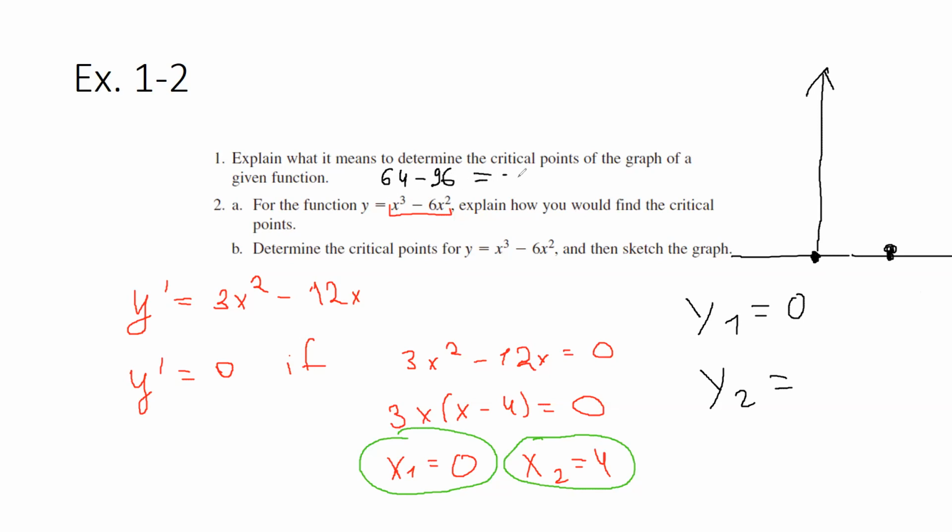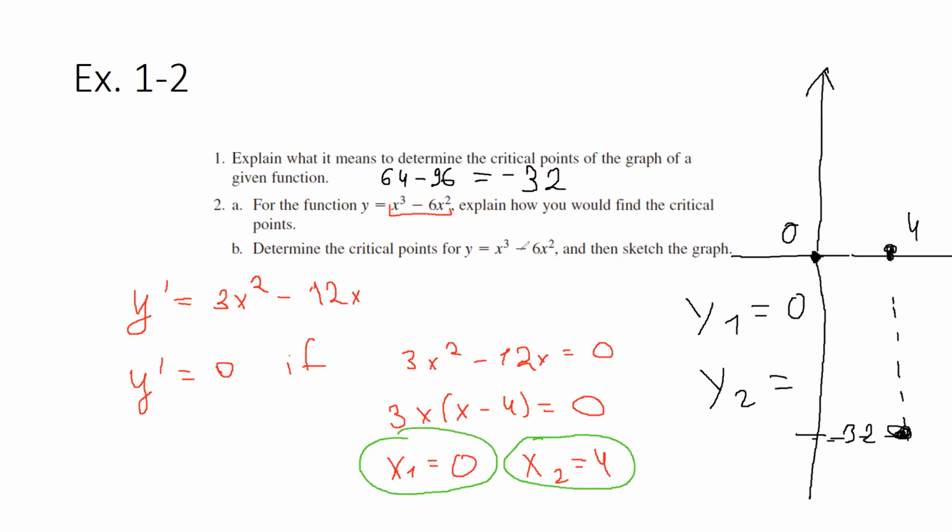So I'm going to get a negative number, which is negative 32. So the value of y here is way below, negative 32. So now I have my two points: when x equals 4 and x equals 0. This point is (0, 0).